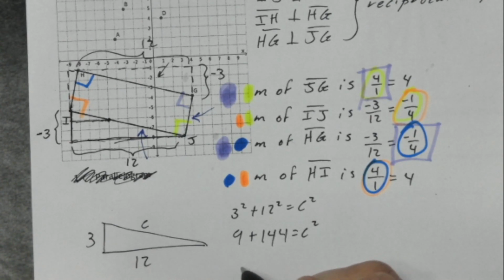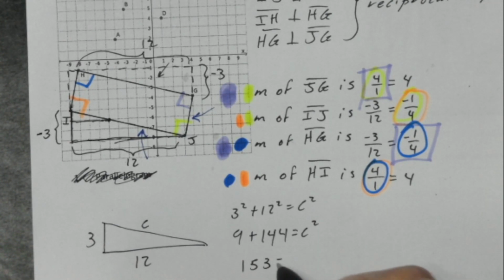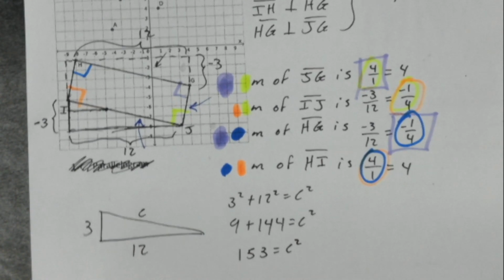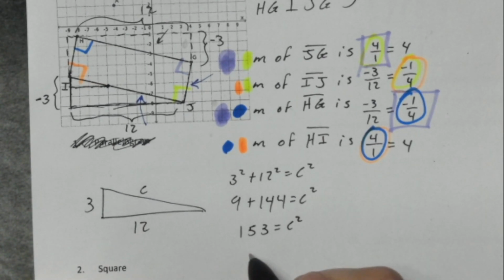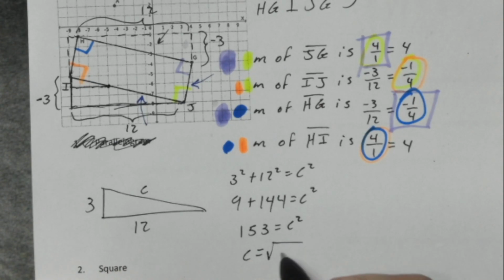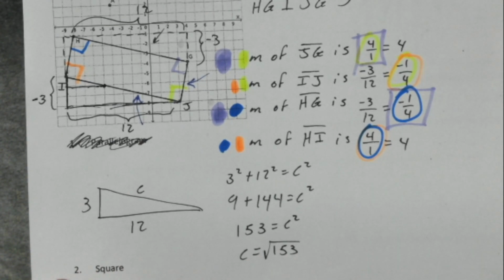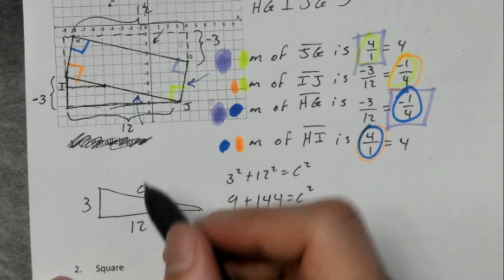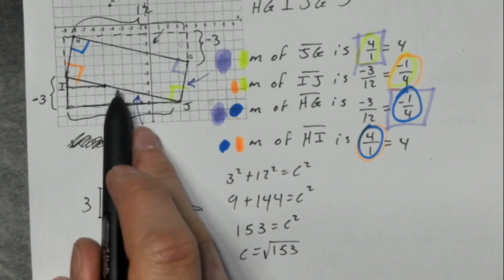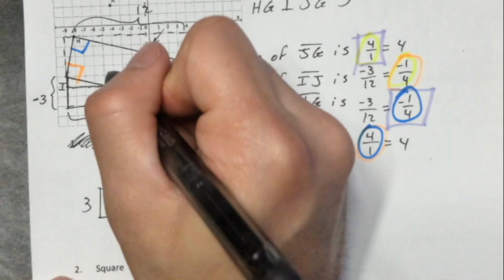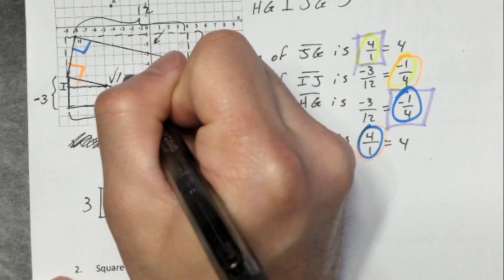This is going to become 153 equals C squared. So then C equals the square root of 153. So this is the value of this length over here, the square root of 153.